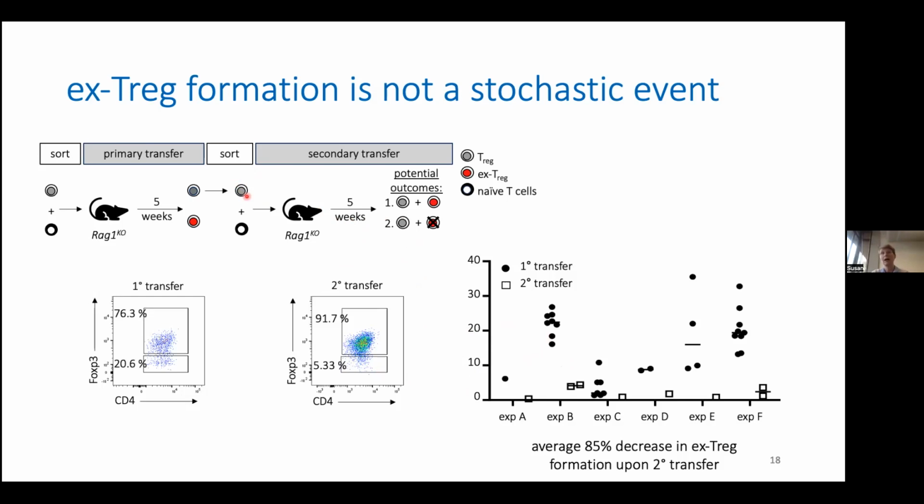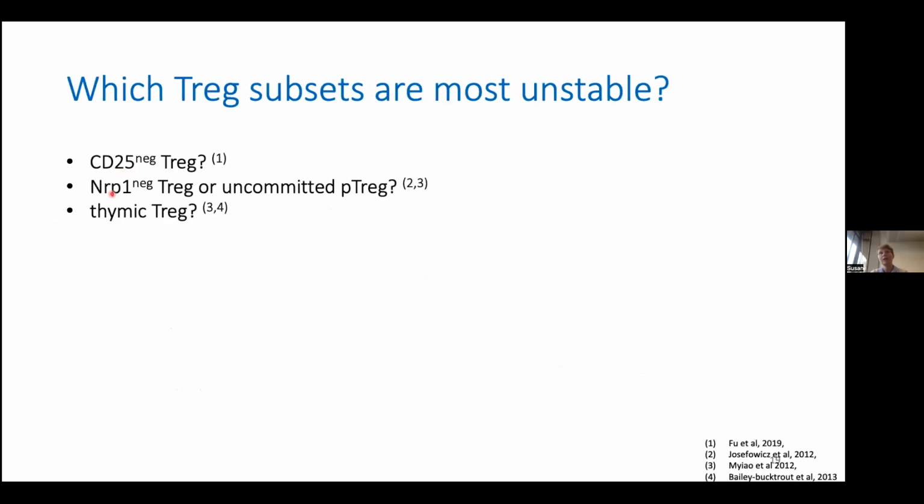So what are these unstable cells that give rise to the ex-Treg? A number of different subsets have been proposed to give rise to ex-Treg. In the literature, you'd find that CD25 negative Treg are prone to give rise to ex-Treg. That would make sense.